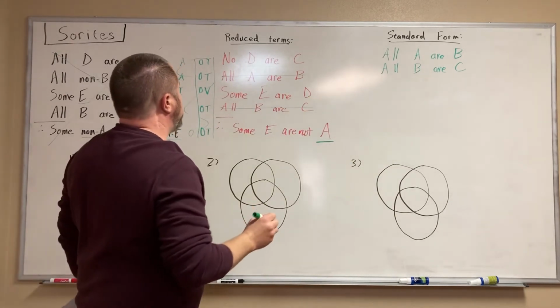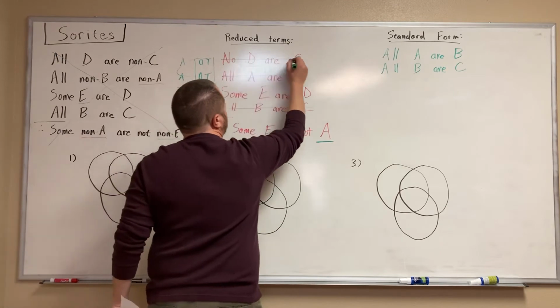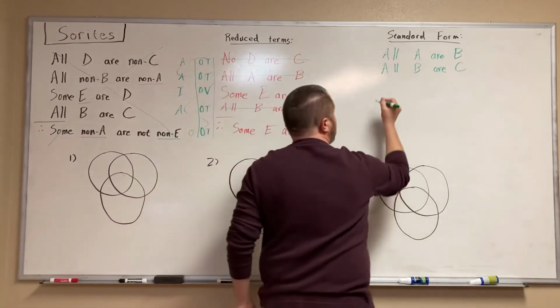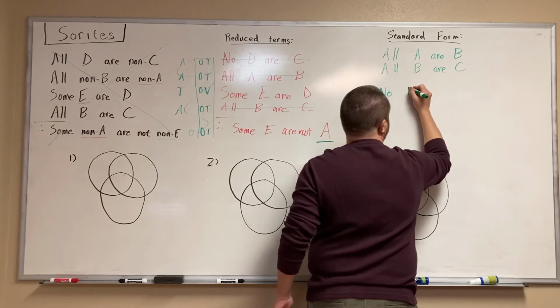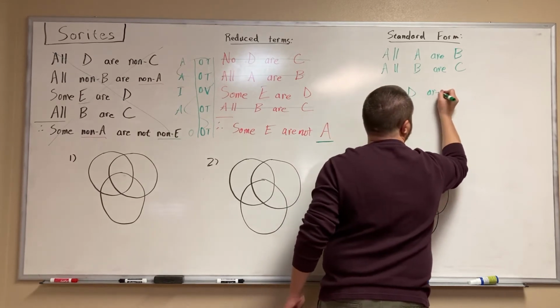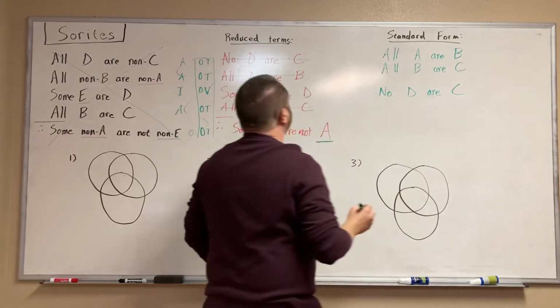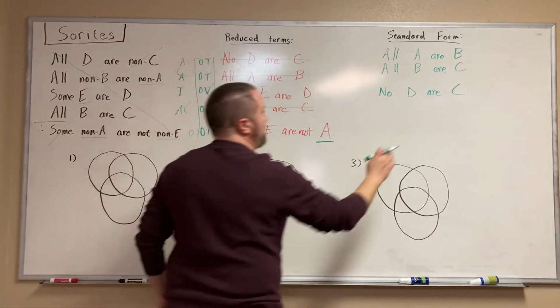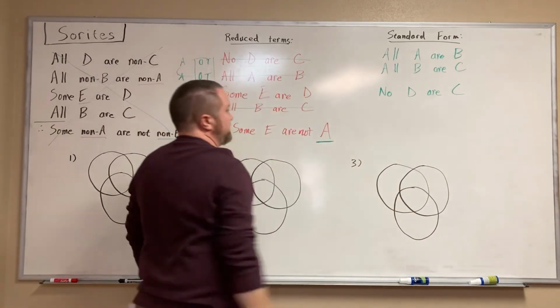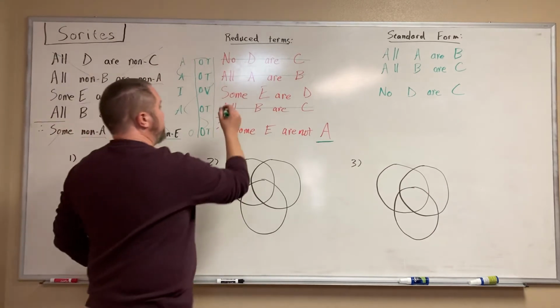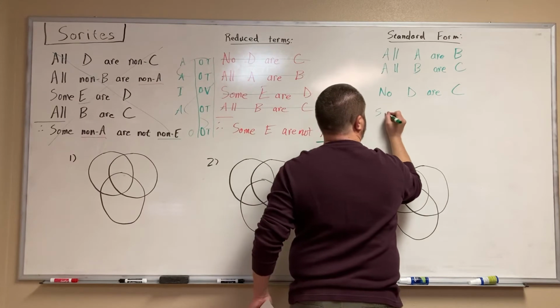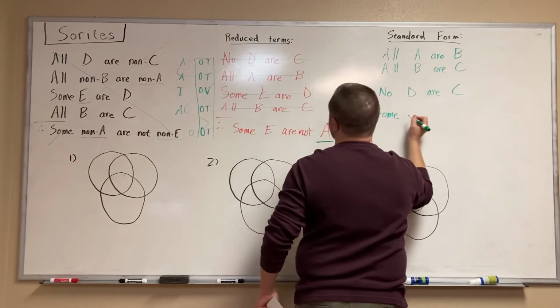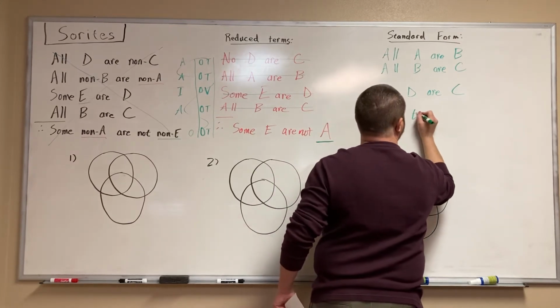Next term is C. Next premise with C in it is no D are C. I'm going to leave a little gap for the subconclusion. And then we've used up the C's. Next term is D. And our last premise has D in it. Some E are D. Leave a little space for the subconclusion.